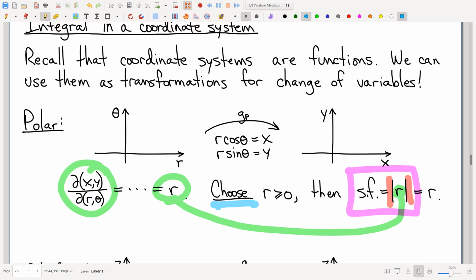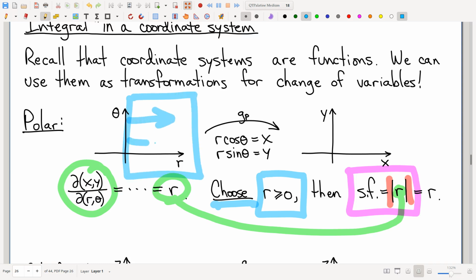But we can choose to always restrict our attention just to positive values of R. And if we choose to do that, which I strongly advise, R is now positive. The absolute value of R is now, in fact, no problem. It's just R. And the absolute values are gone. Is that cool? Everybody follow the choice there?